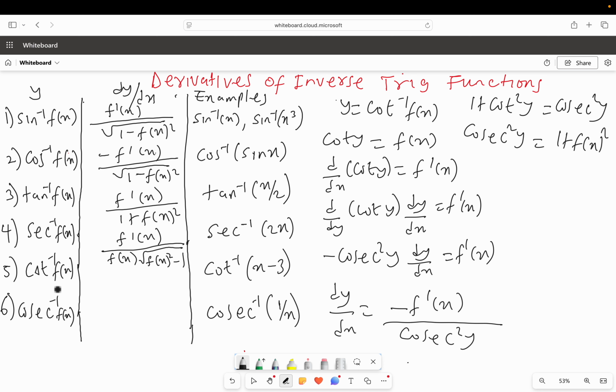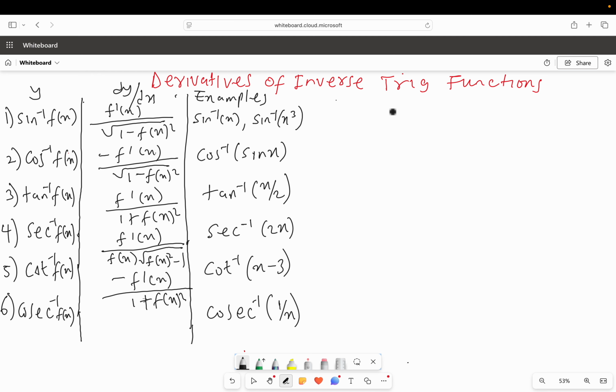So my dy dx for cot inverse of f of x will just be minus f prime of x all over 1 plus f of x squared, which is the negative of the tan inverse of f of x if you compare the two. So let us go through an example.